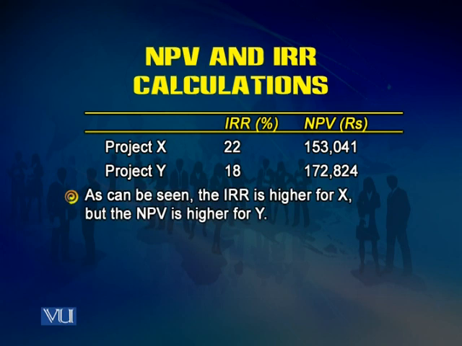As can be seen, the IRR is higher for X, but the NPV is higher for Y. So this gives you an example where we need to compare the two, NPV and IRR. These are mutually exclusive projects. That means if you do one, then you will not do the other. So either you can do X or you can do Y. Which one should you do?